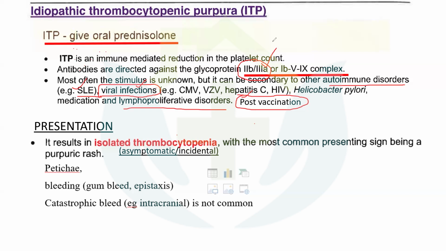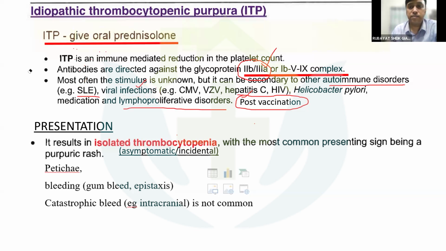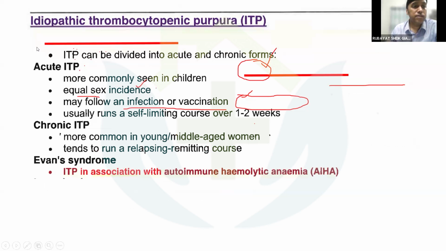Is it a self-limiting disease? It's not self-remitting, unfortunately, but in some cases it can be self-remitting, where without any drug, just by observing, it sometimes remits. I will show you the slide. Especially in children with acute ITP, you can see I have written here: in children with acute presentation, sometimes it may have a self-remitting course, but very unpredictable.